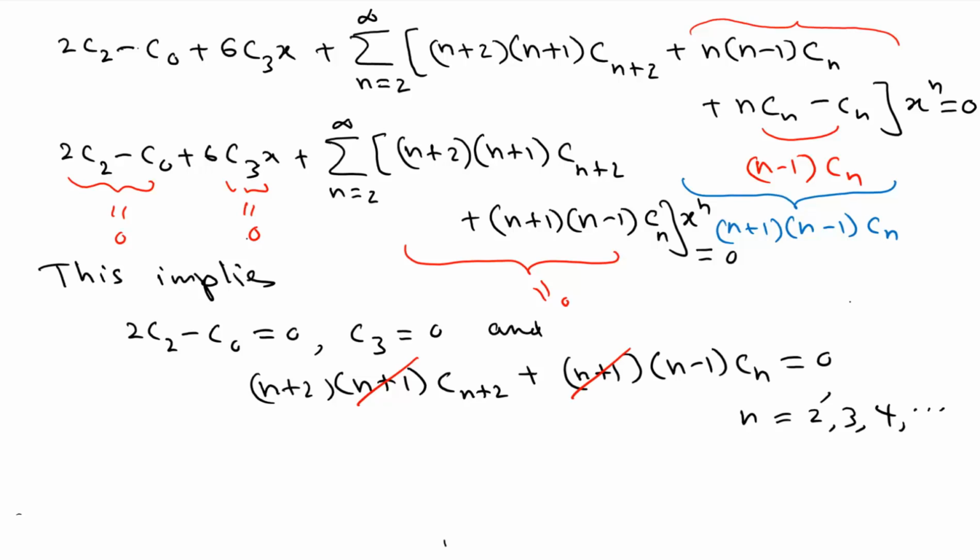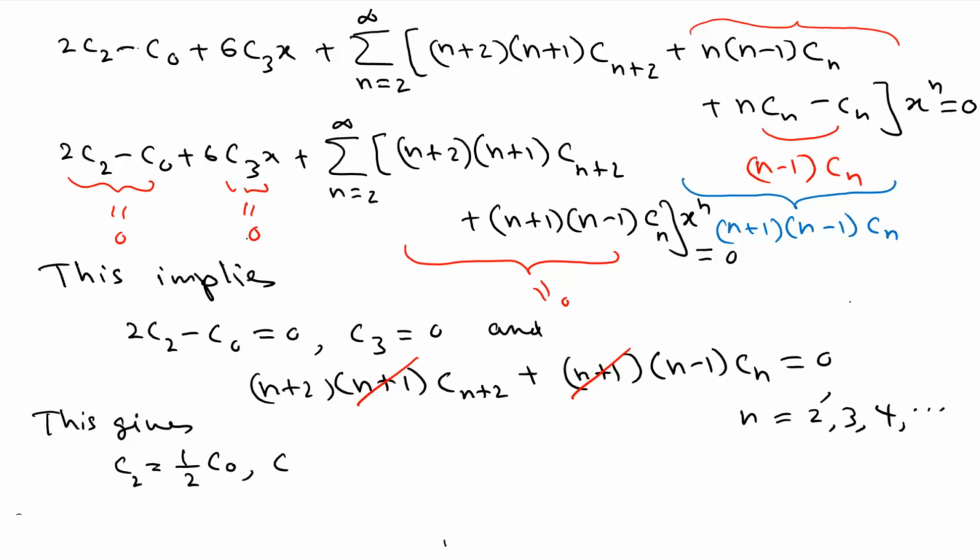So this gives, from the first identity, c2 equal to 1/2 c0.